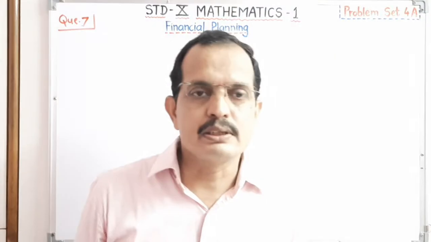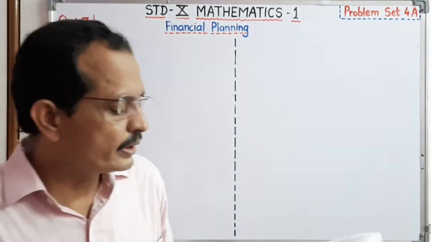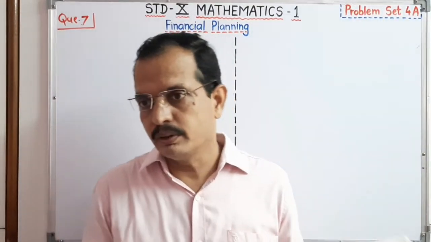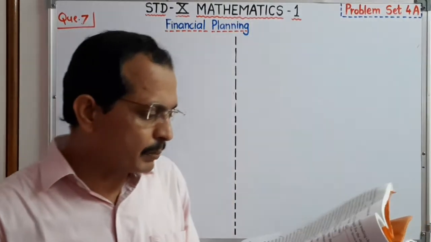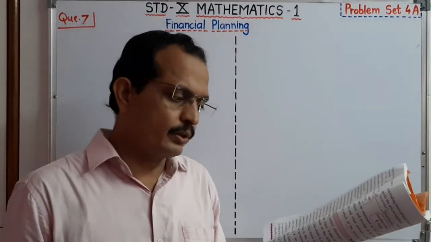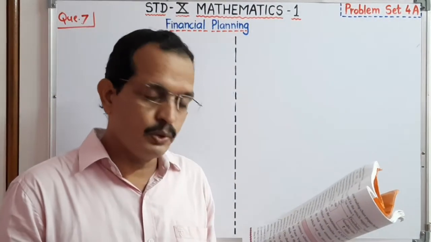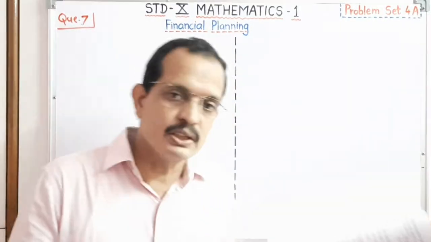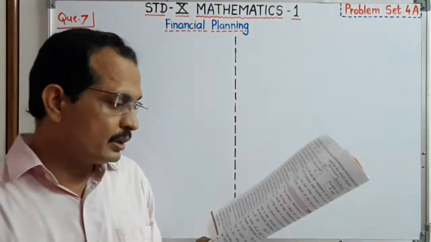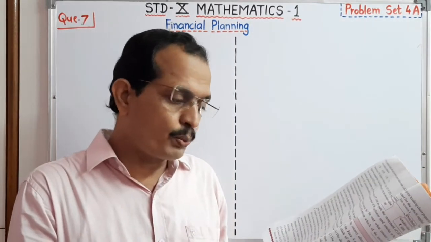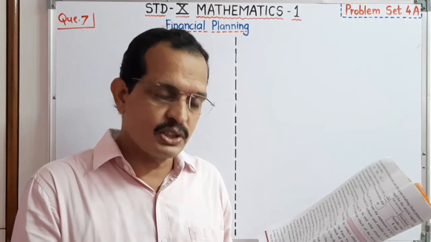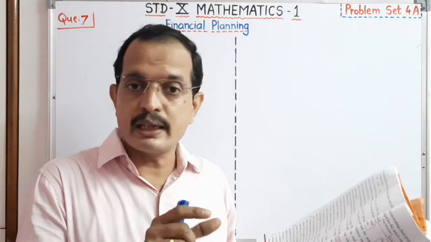Dear student, see the next question, that is the 7th one. It is an important one. A dealer supplies a walkie-talkie set of rupees 84,000 with GST. Understand this statement. That means it is not the taxable value.